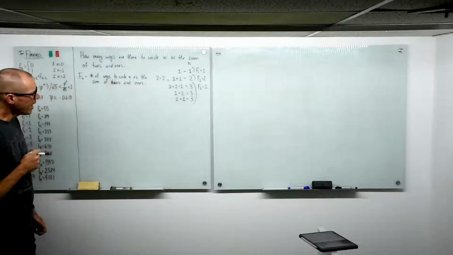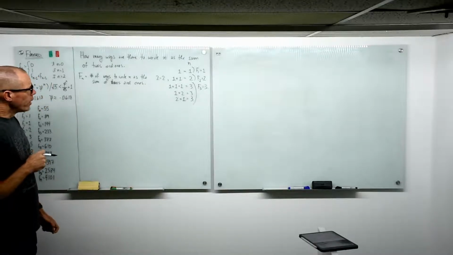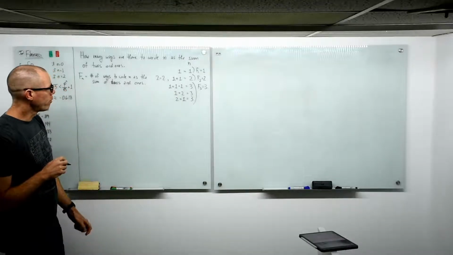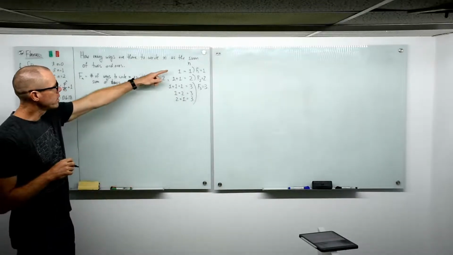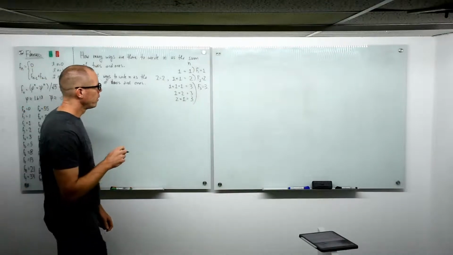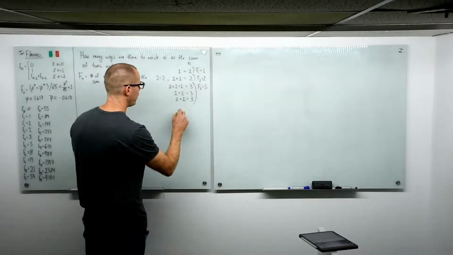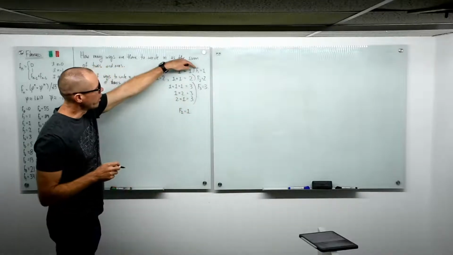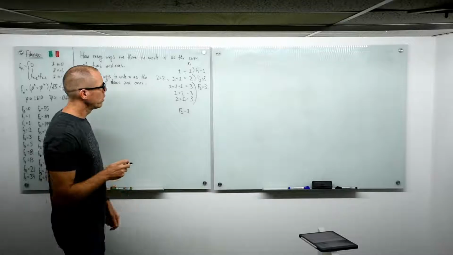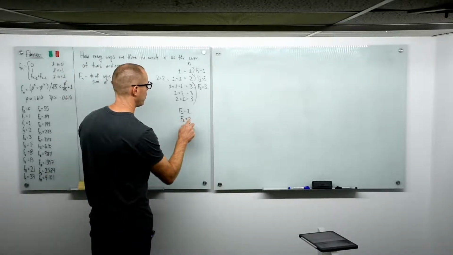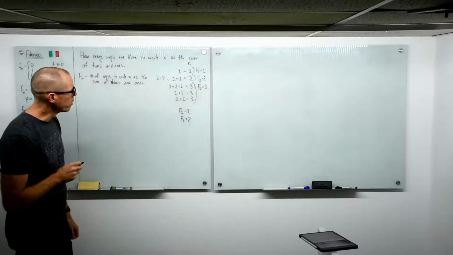And we have seen that here we already know the first couple of these things. So f of 1, there it is. f of 2, there it is. There's two ways to do it.